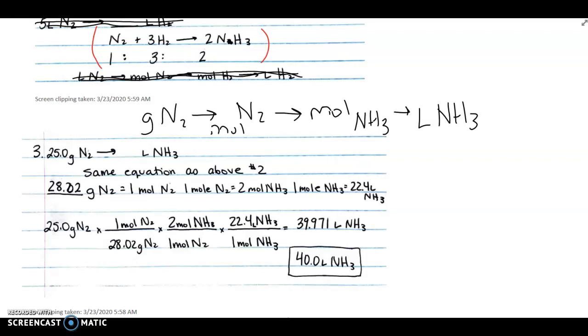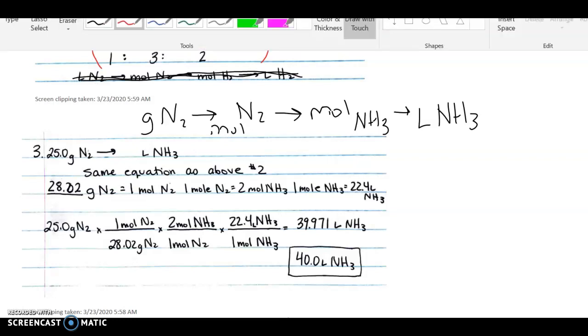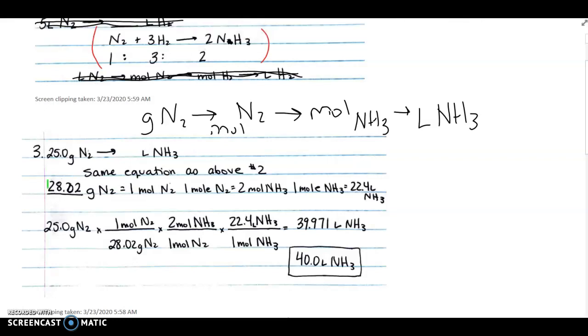So this is the part that a lot of people were getting really confused about. We had to have that as grams, and it's N2, so it had to be 28.02. If you did not have this 28.02 here, you weren't going to get the right number.